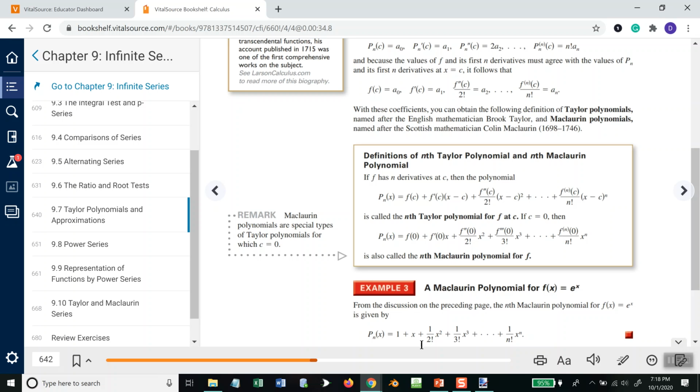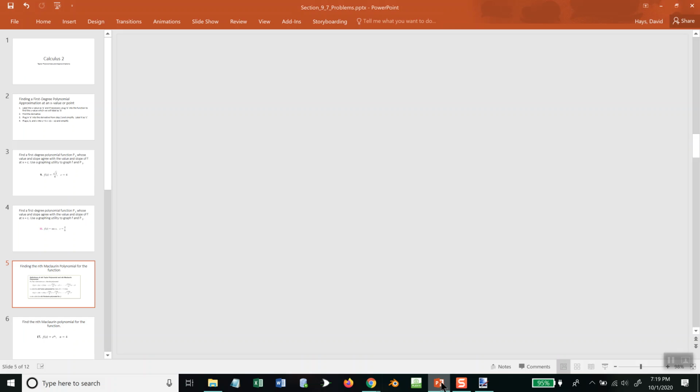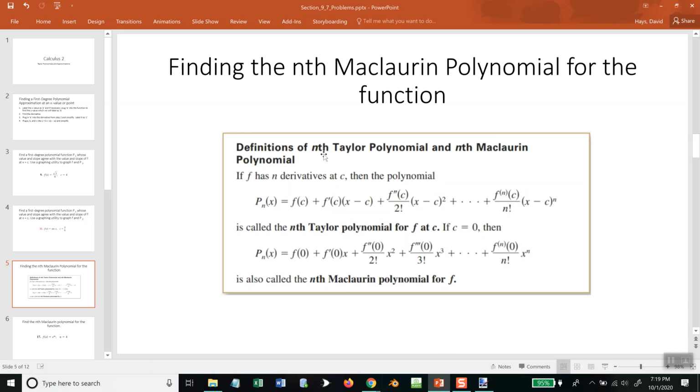Now, definitions of that. Definitions of the nth Taylor polynomial and nth Maclaurin polynomial.